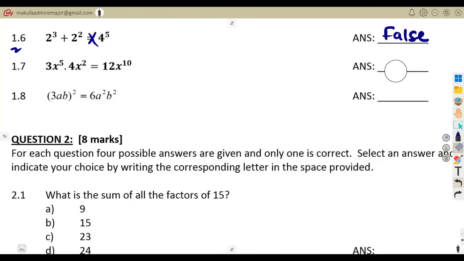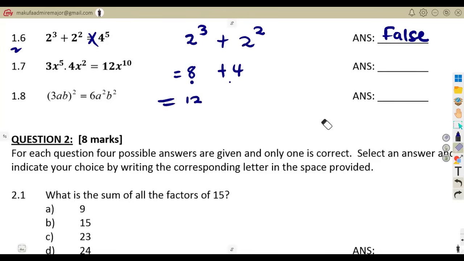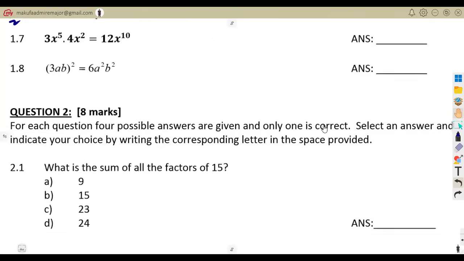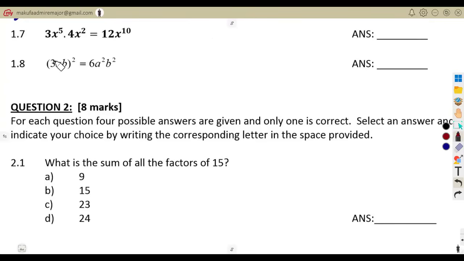Let's consider another part. We have to be careful, because sometimes these memos, guys, the way they present and what is given there, you have to take note of some of these errors. 3x to the exponent of 5 times 4x to the exponent of 2 is equal to this. We are multiplying. It's very true, you're going to multiply 3 times 4, which is 12.